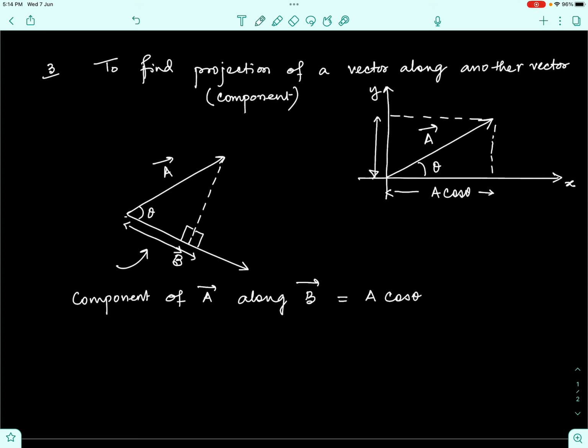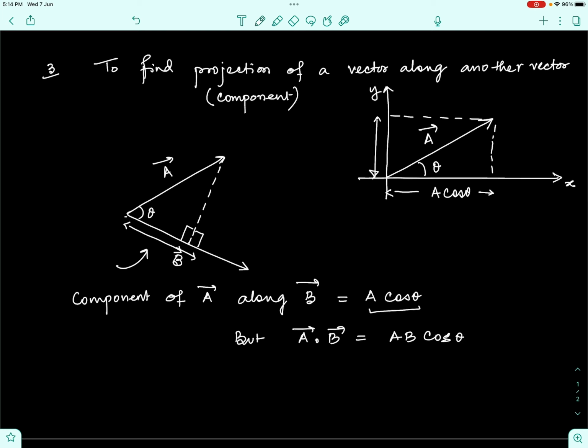And how do we get the value of this A cos theta? For finding out this value, we take the definition of dot product. Now from dot product, we know that A dot B is equal to AB cos theta.